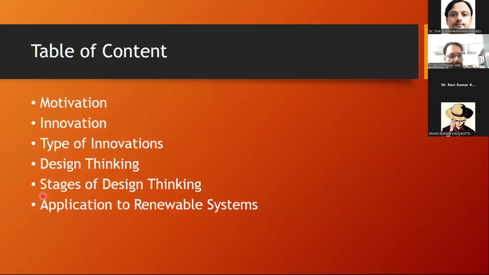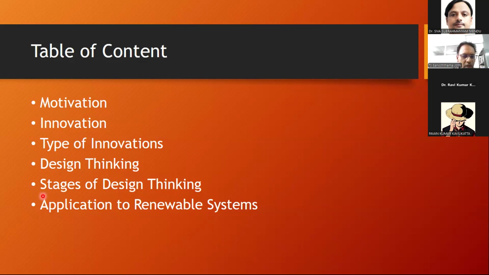The products which are useful to the end usage, only such products will be commercialized. Otherwise, they lag in some areas, and it cannot go as a commercialization of that product. So it is applicable to all, either a renewable energy source or any other source, any product or any service.